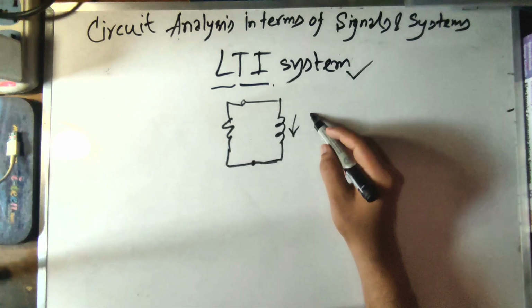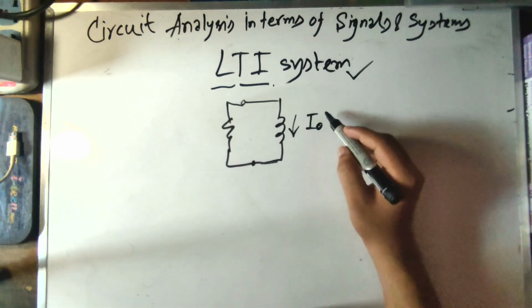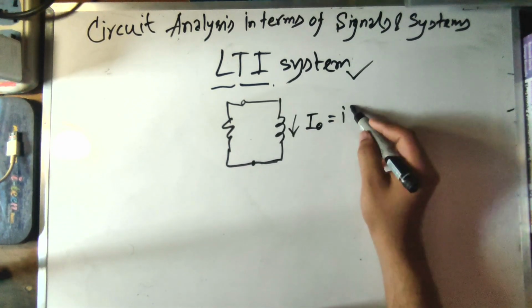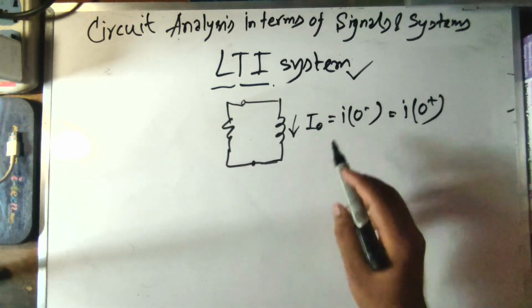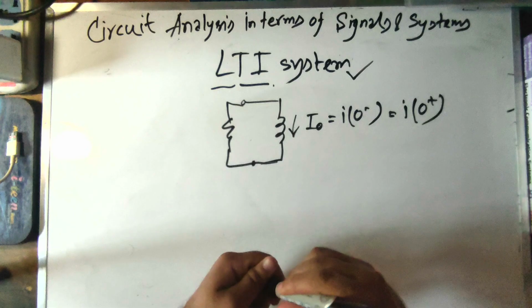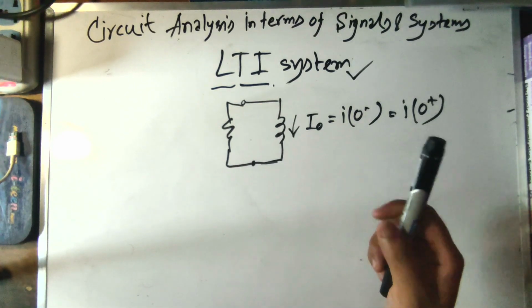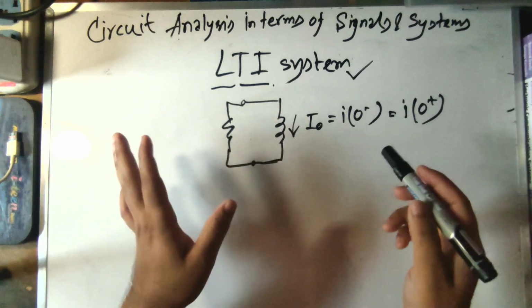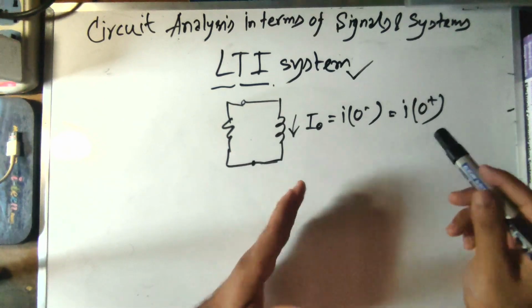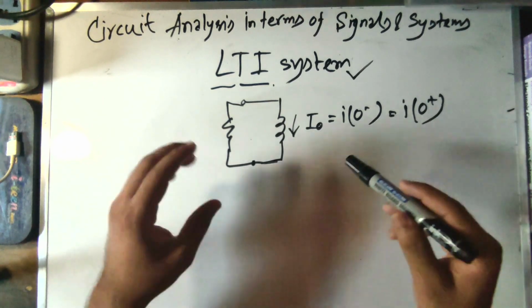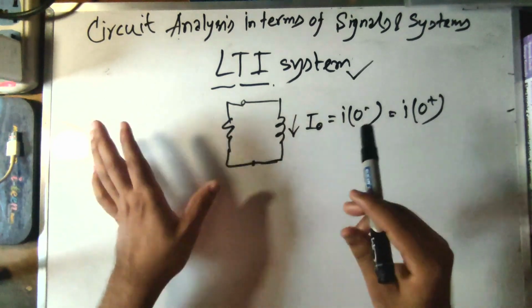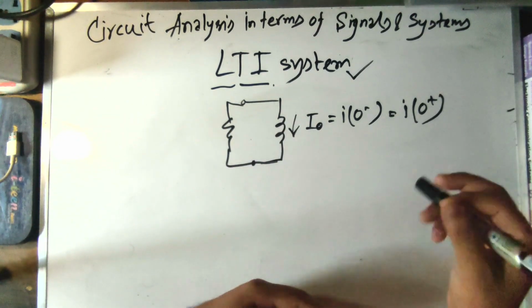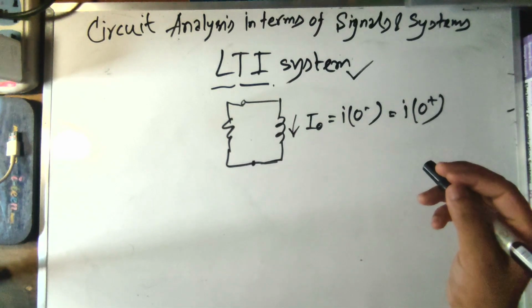I0 equals I, the initial current. If the inductor only has initial current and there is no excitation, no input in the system, what will be the response of the system?